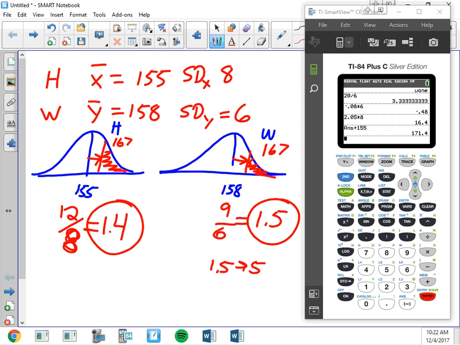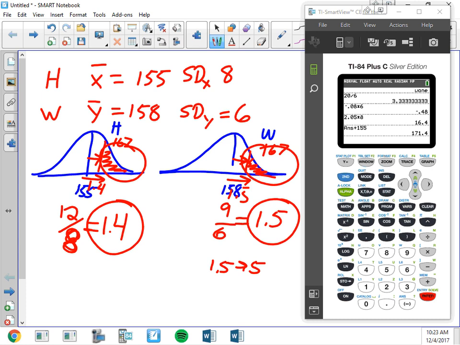Because if I go to the right of 1.4 and I go to the right of 1.5, which one has a larger area to the right? 1.4, because 1.4 is closer to 0. So you have to be very careful when you read these questions, because then you have to do some thinking. You don't even need to shade norm. I guess you could.